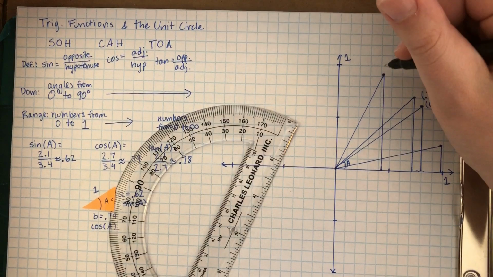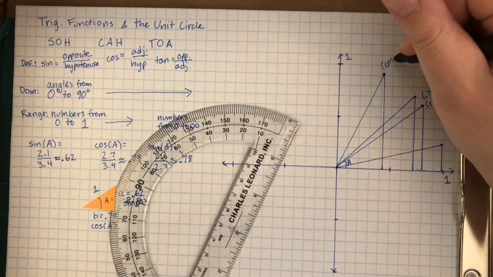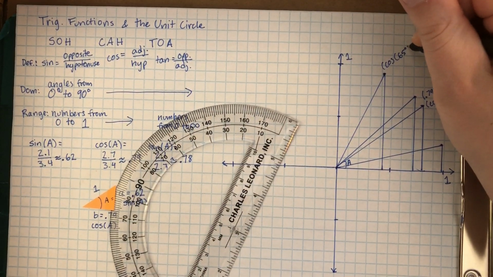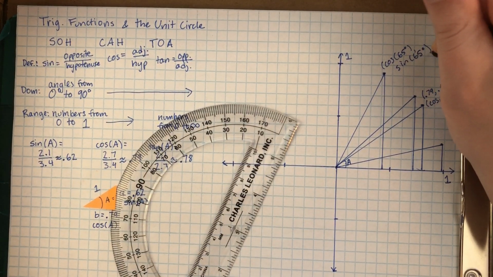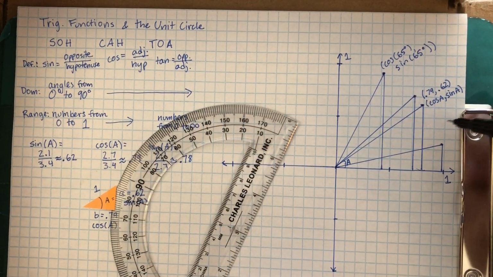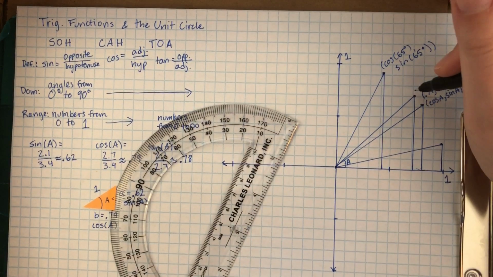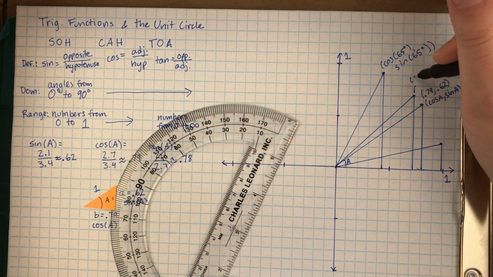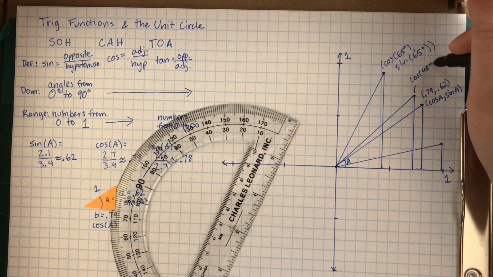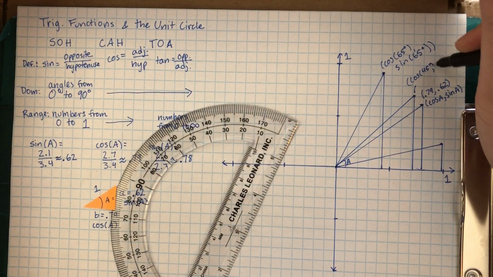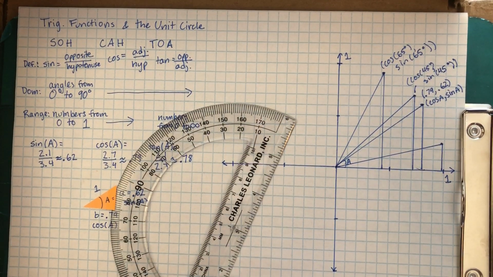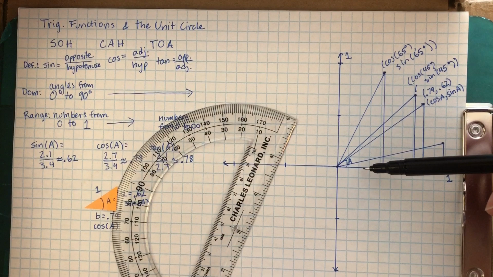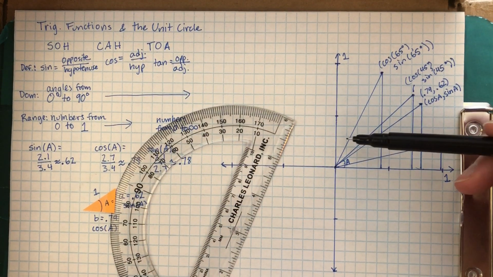So this is cosine 65 degrees, sine 65 degrees. This one is 45. You get the idea. And it's important to remember that all these angles are measured from the positive x-axis here.